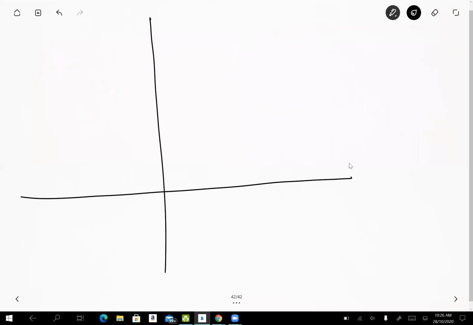Right? So let me draw the graph. I use 10. Okay? 10, 20, 30, 50.